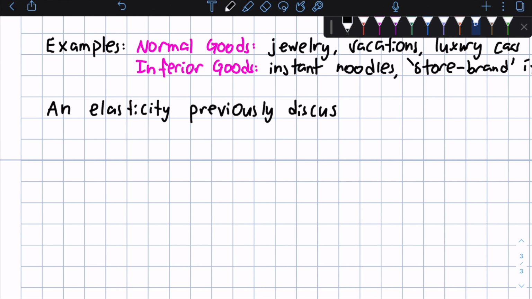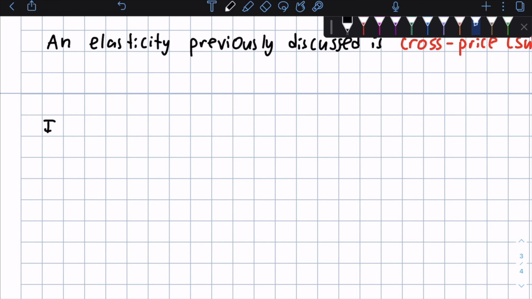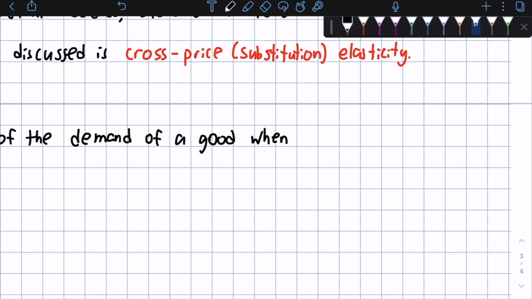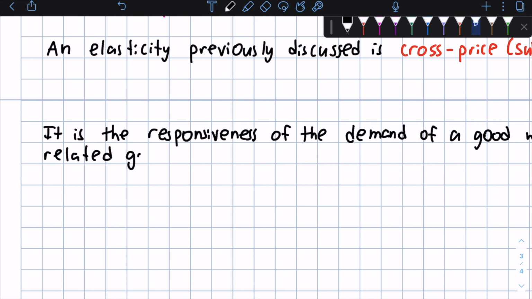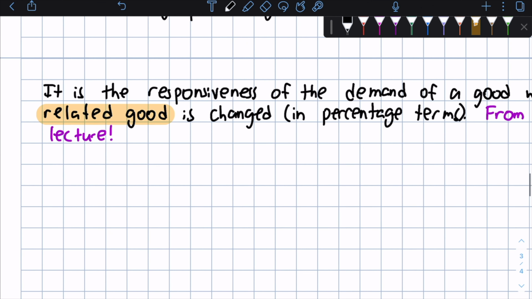Another elasticity previously discussed is cross price elasticity, and we looked at this in the substitutes and complements lecture. It's the responsiveness of demand for one good when the price of the other good changes, and we talked about this before. A positive elasticity indicates substitutability, and a negative elasticity indicates that the goods are complementary.